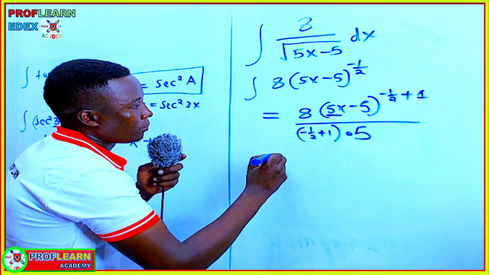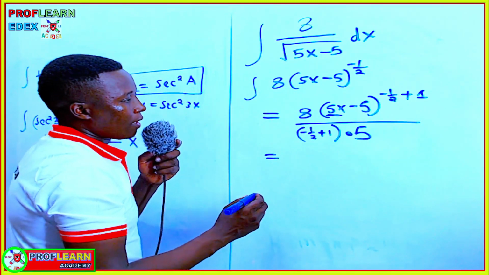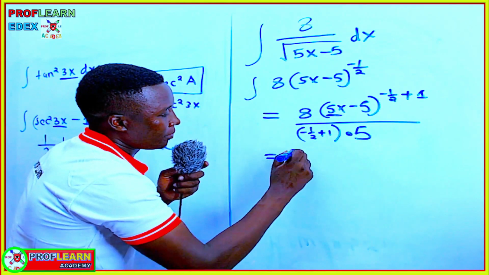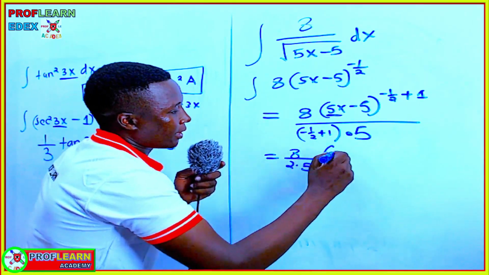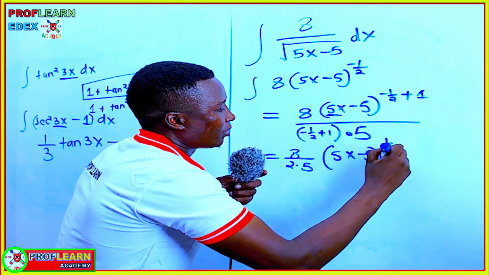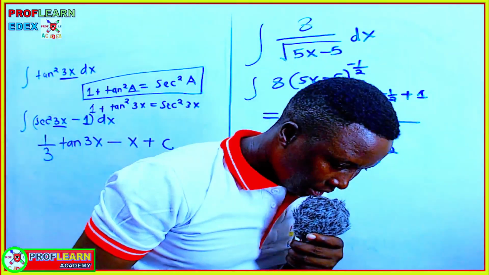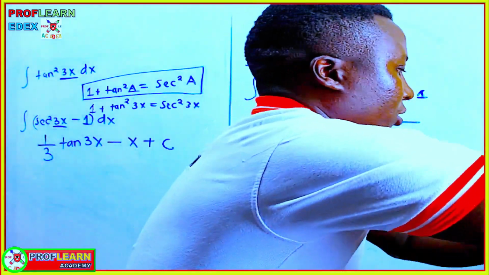So this is going to translate to a half times 8 over 2.5, into the bracket 5x minus 5 to the power 1 over 2. Of course, what is this going to translate to? Let us just use our calculator.